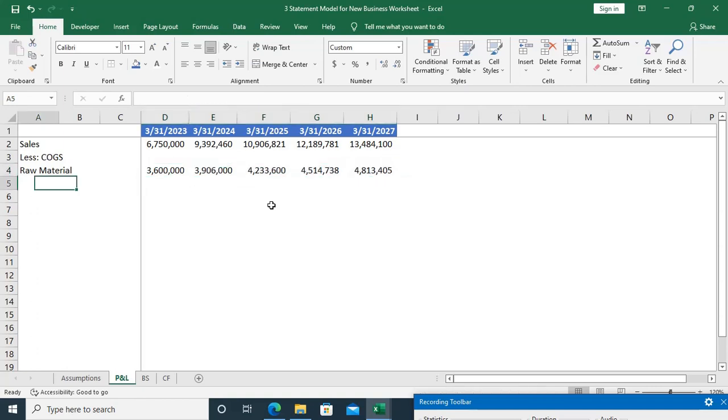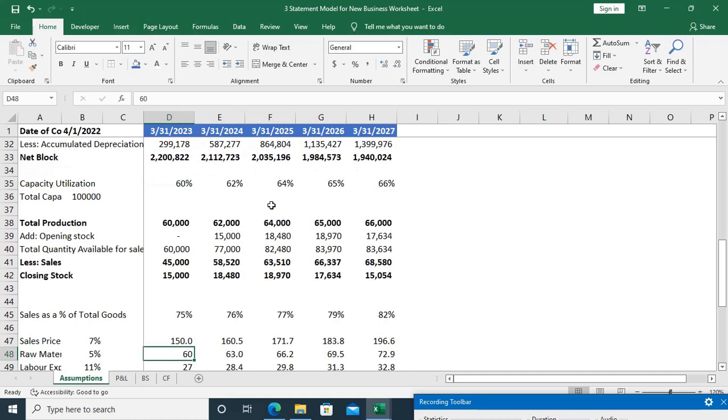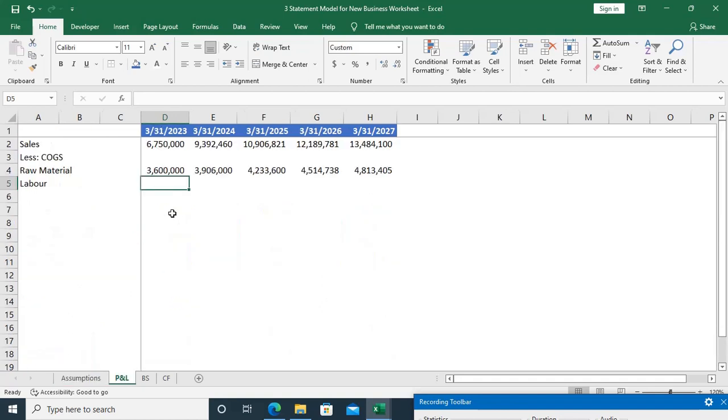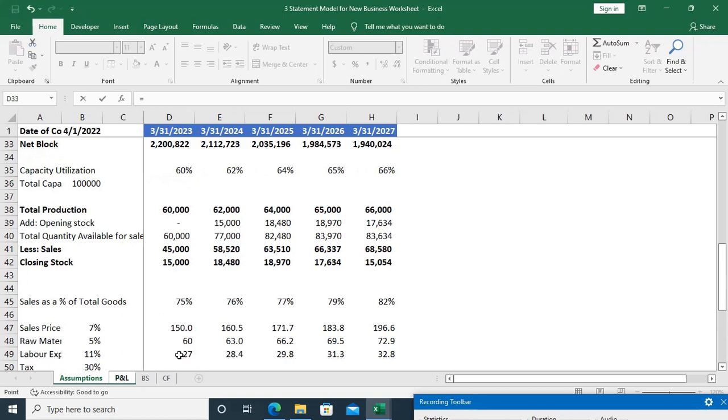It is dragged. Now after raw material there is labor. For the labor part, labor expenses were also per unit labor cost, so equal to labor expenses per unit multiplied by total production.